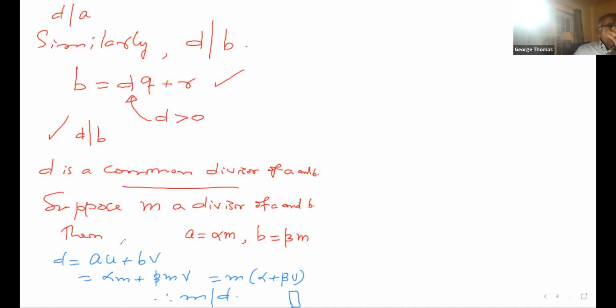What did I just do quickly? If M is a common divisor of A and B, then this particular D that we were talking about, which is AU plus BV, you can replace A with alpha M times U plus beta M times V. You can factor out M, you get M times alpha U plus beta V. That is, D is a product of M and another number.